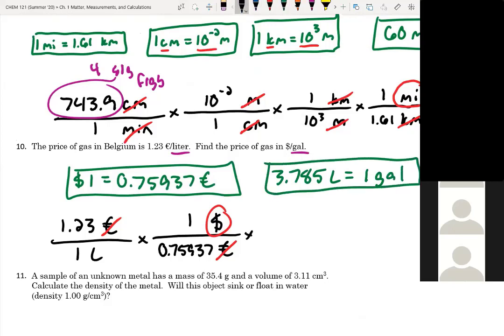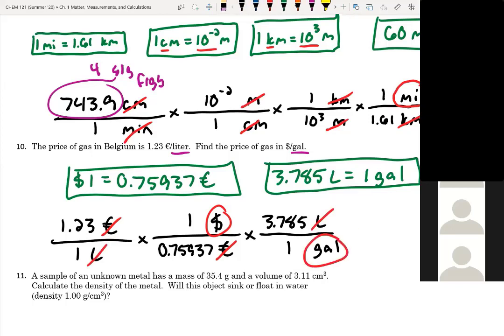This time we need another conversion, but because the liters is on the bottom, in order to cancel it out, we must have liters on the top and gallons on the bottom. That allows us to cancel out the liters appropriately. The 3.785 must be paired with the liter unit, so we'll put that on top, not the bottom, and we'll put 1 on the bottom with the gallon unit. Now we've canceled out liters and we're left with gallons.